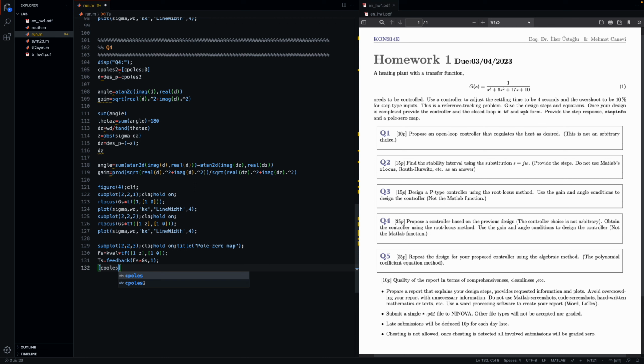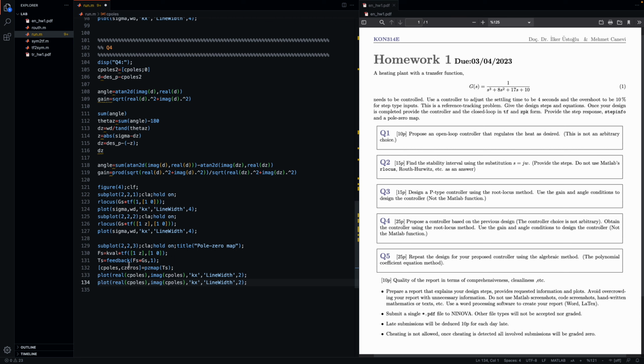We can acquire the poles and zeros, pzmap T(s). We can then plot the real part of the poles, imaginary part of the poles, and then kx, with line width 2.